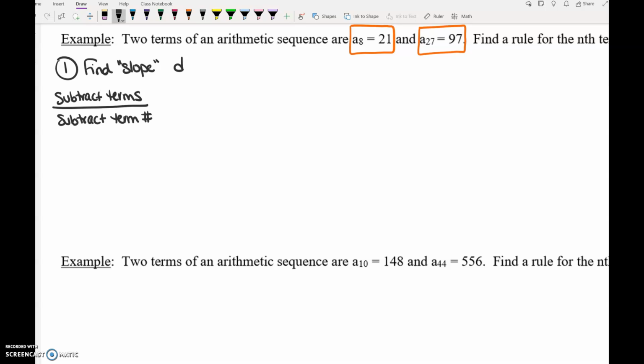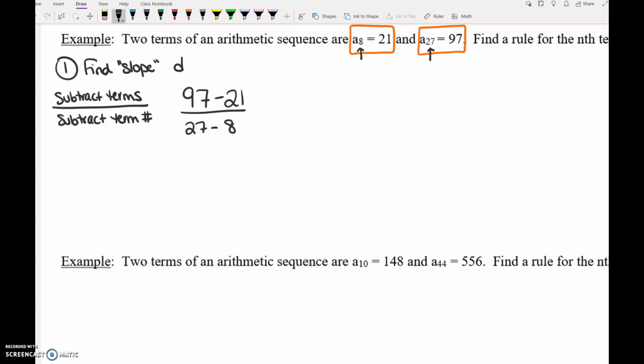So, subtract the terms. I'm going to do the second one minus the first one, because isn't that how we usually do slope? 97 minus 21. On the bottom, I'm going to subtract the term numbers. That was the 27th term minus the 8th term.